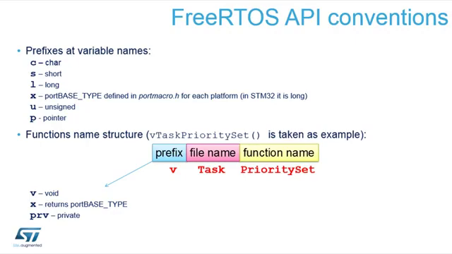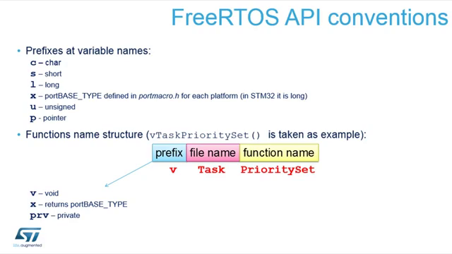The native API has got some conventions, like for variable names, it has got a prefix that shows what type of the variable it is. So whether its type is character, short, long, pointer, unsigned, specific return type.